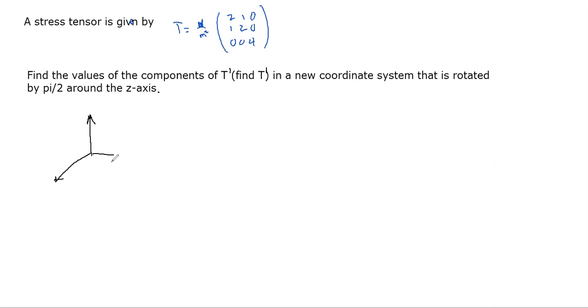Okay, what is the transformation matrix? How about this? Pi over 2, 90 degrees should be easy. I drew the x, y, z coordinates. You draw the rotated coordinate system.